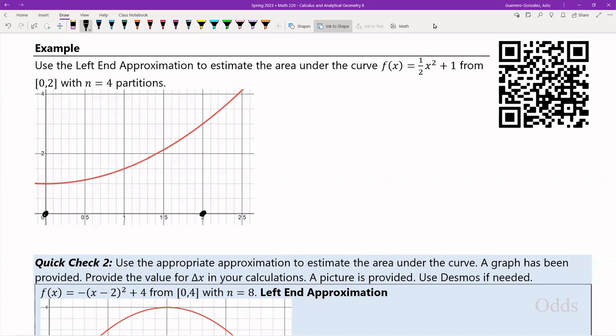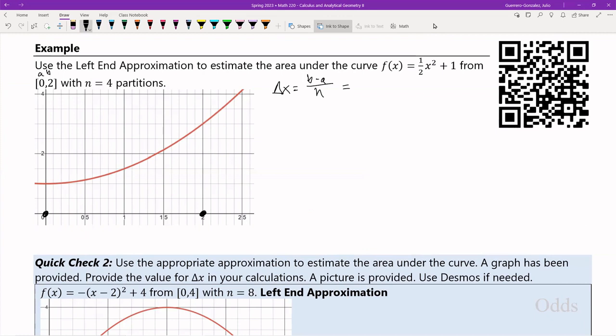You guys see already that the split for each one of our rectangles should be about a half, right? So let's go ahead and start there. Let's compute our delta x. Delta x is going to be b minus a divided by n, right? Our b and our a are already given.